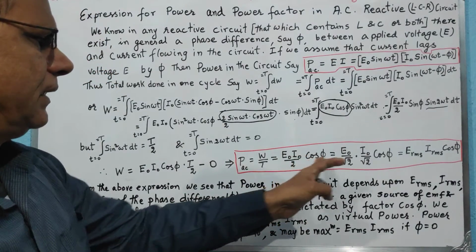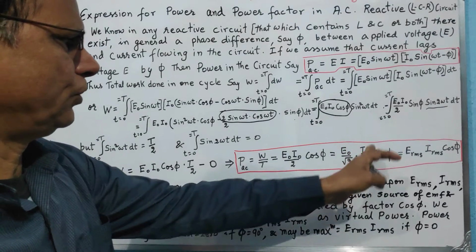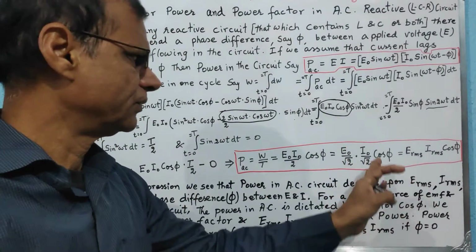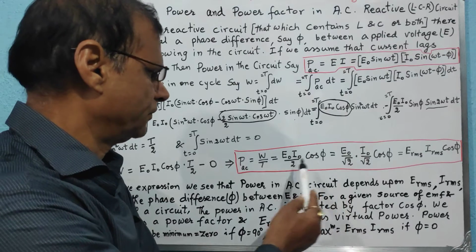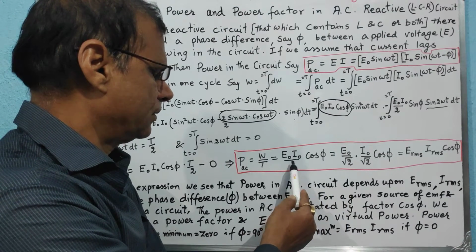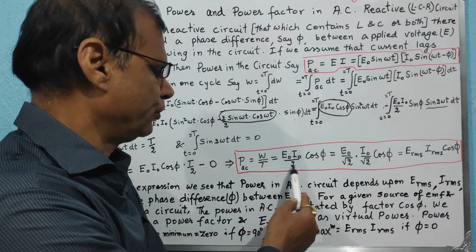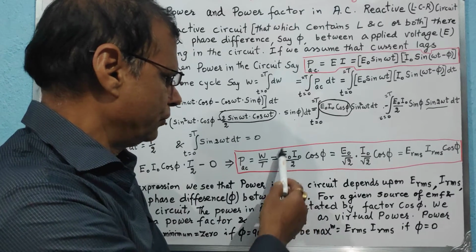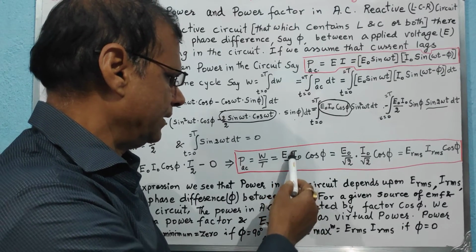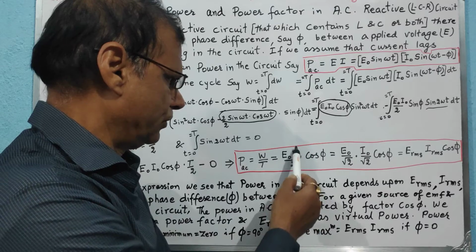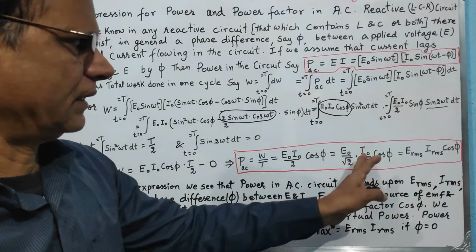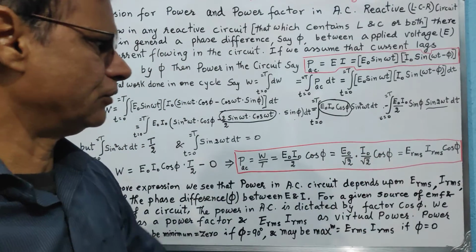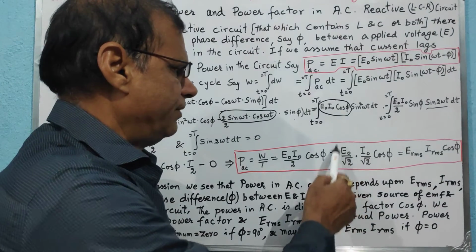And this can be rewritten as E0 by root 2 into I0 by root 2 into cos phi, because 2 can be written as a product of root 2 into root 2, and one root 2 is kept in the denominator of E0, another root 2 in the denominator of I0. Why have we done this?